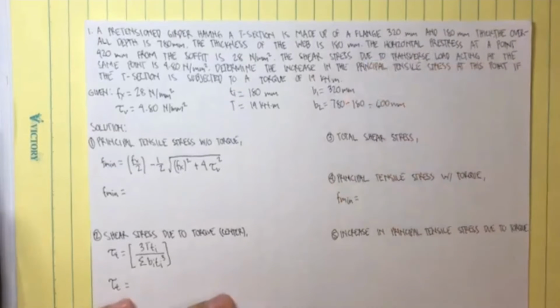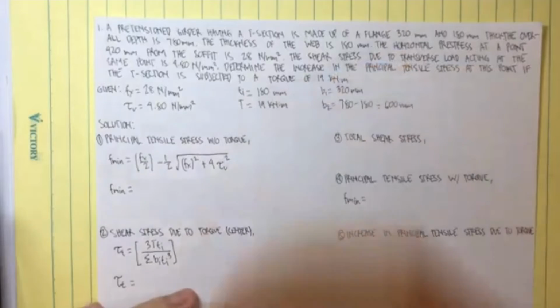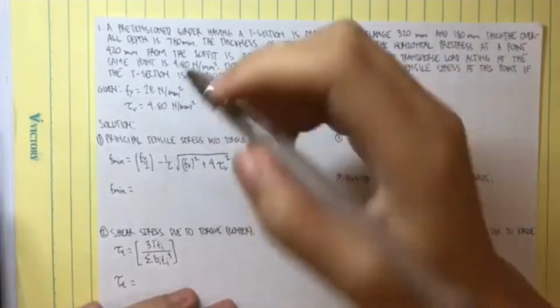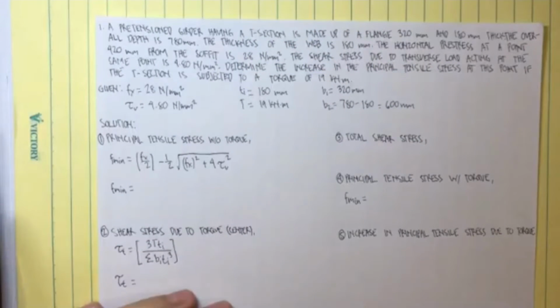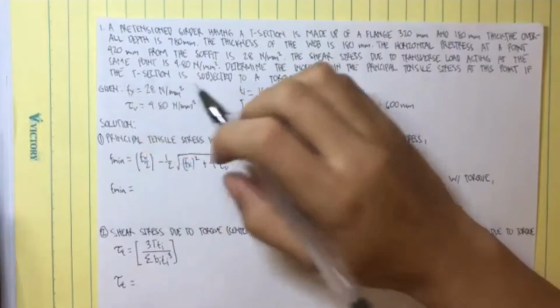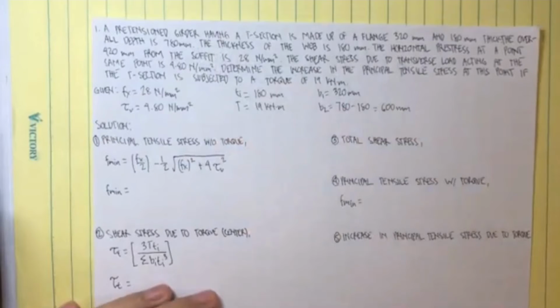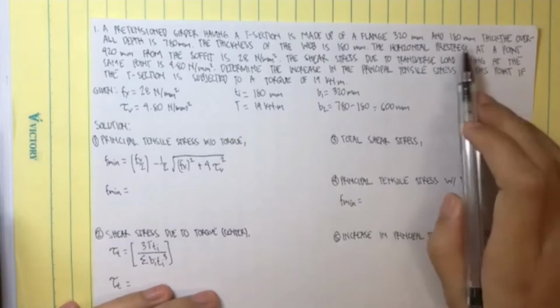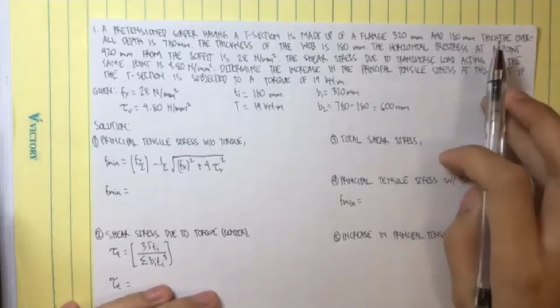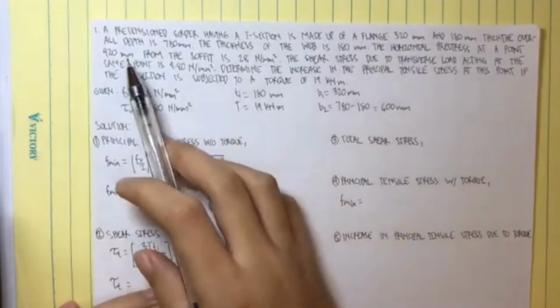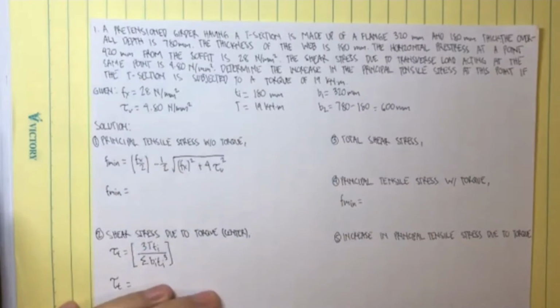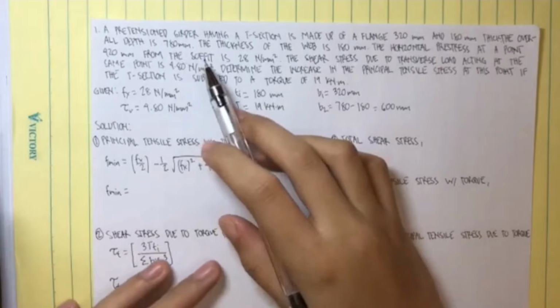Hi, so yung napili ko para sa video presentation na to is yung Module 2, which is different stresses. Example number 1, meron daw tayong girder na 320 mm at 180 mm. Yung overall depth is 780 mm.